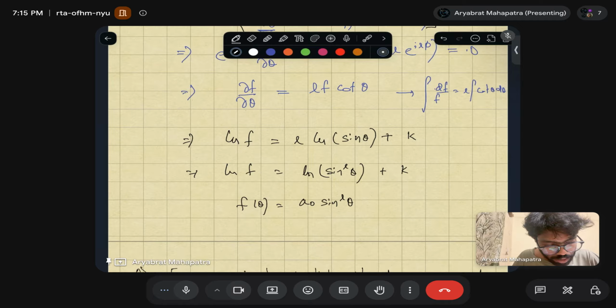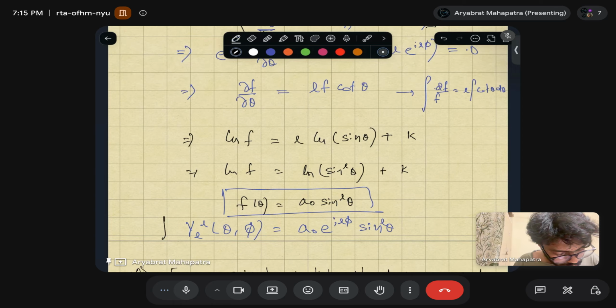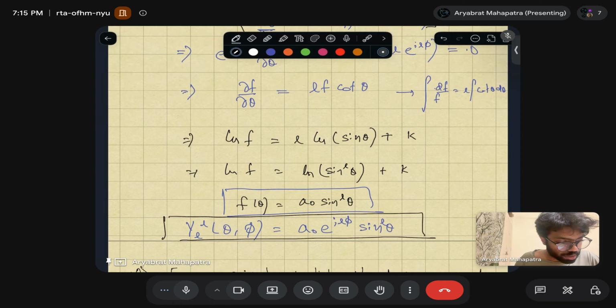So then f of θ I found to be this, and finally I can write Y_ll(θ, φ) as a₀ sin^l θ e^(ilφ). Together this will be this. So this is the final form of Y_ll(θ, φ).